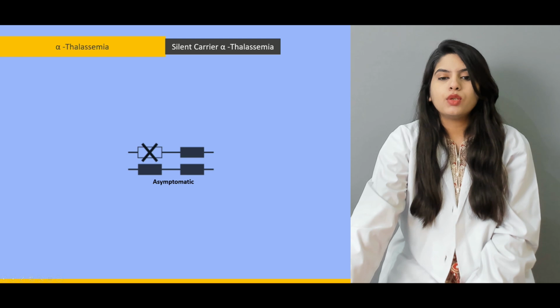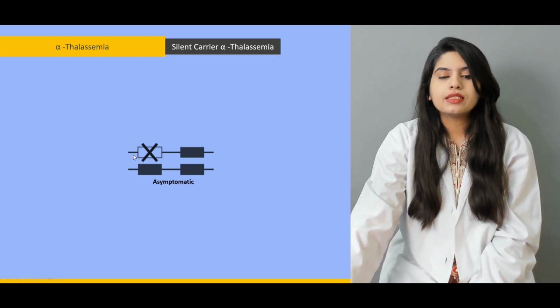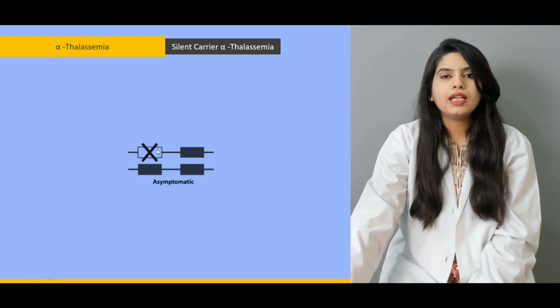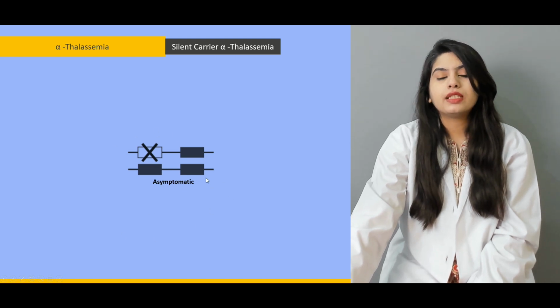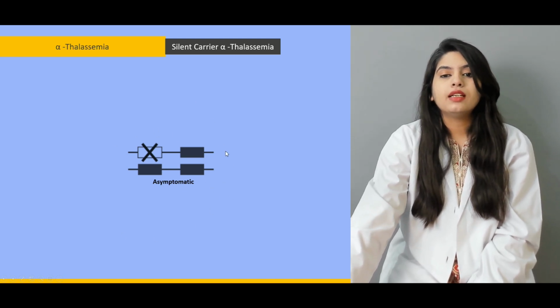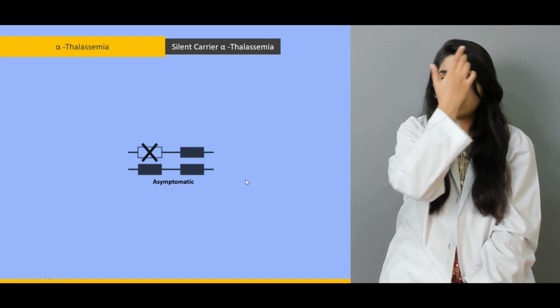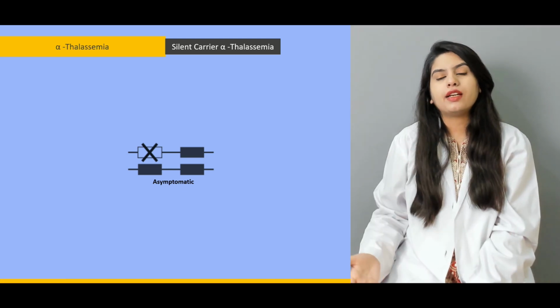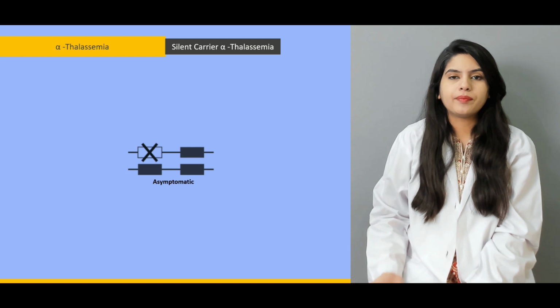Now, we know that in the normal case there is a presence of 4 genes, but when there is the deletion of one gene, the patient will be asymptomatic, and this type will be called silent alpha thalassemia, or the patient will be a silent carrier of alpha thalassemia.